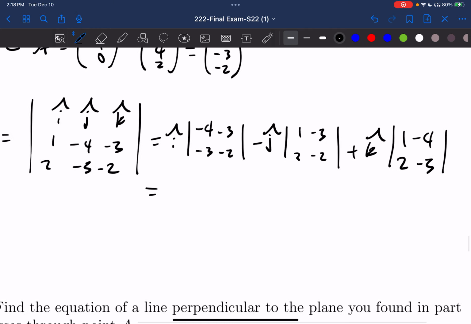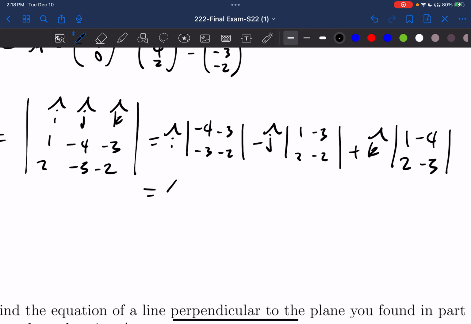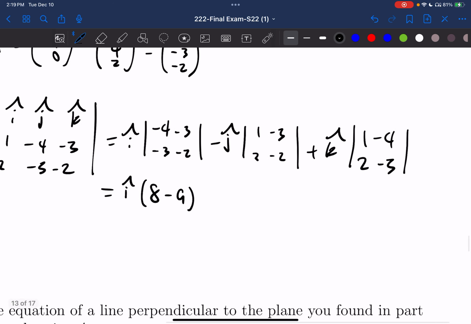This will be equal to negative 4 times negative 2 is going to be 8, minus a positive 3 times 3 is going to be 9. So it will be 8 minus 9, minus j. 1 times negative 2 is going to be a negative 2. 2 times a negative 3 is going to be a negative 6.